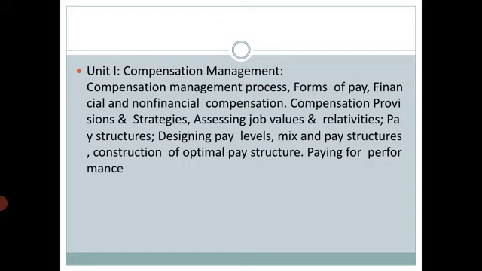Getting it? So this compensation is quite important.